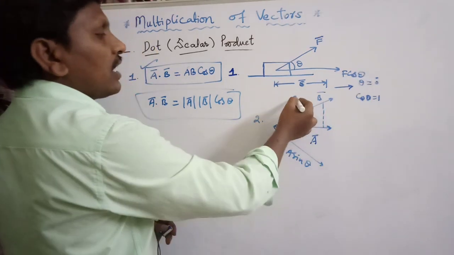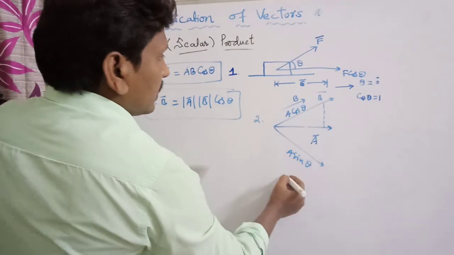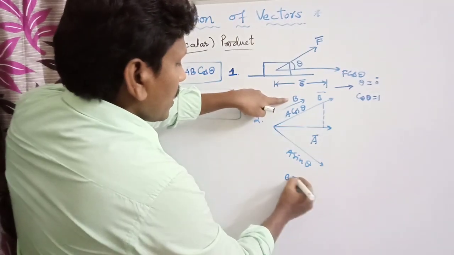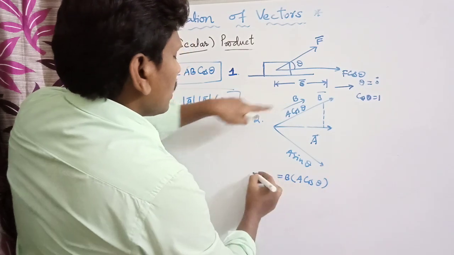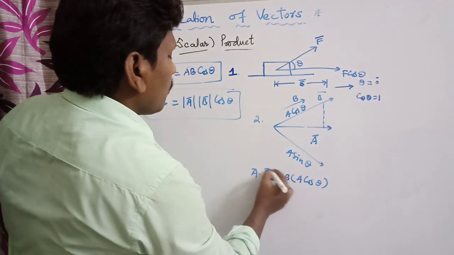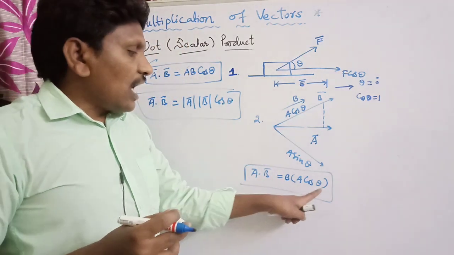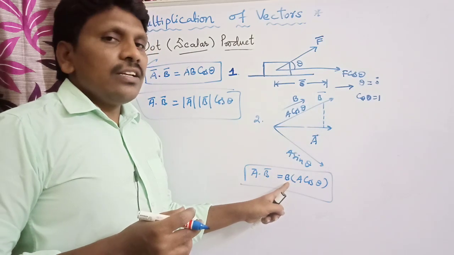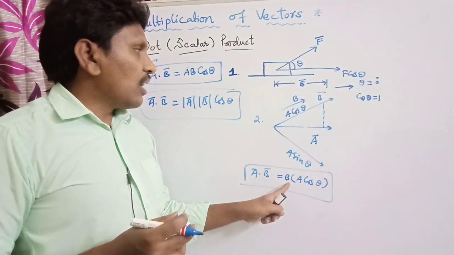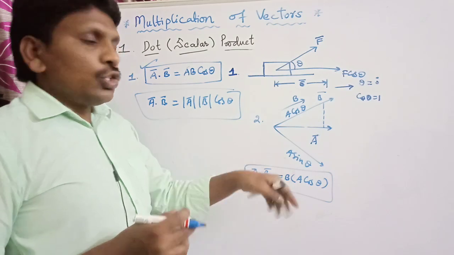This is B bar, the vector, this is the magnitude of the B bar. So from that we can write B into A cos theta gives A bar dot B bar. Listen to me. A cos theta is the component of the vector along the B bar vector, and it gives the dot product of the two vectors.